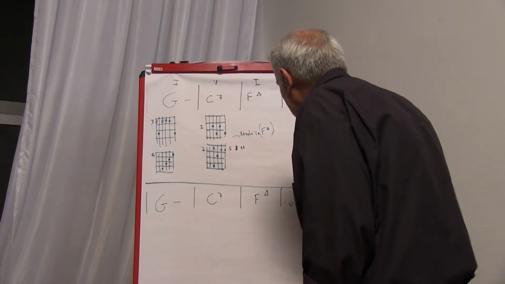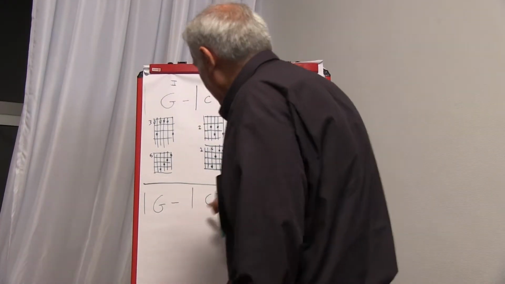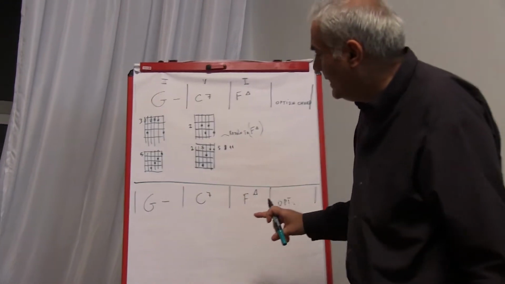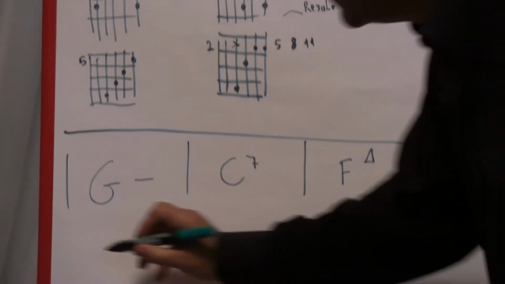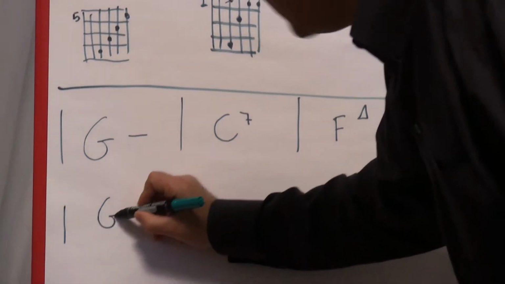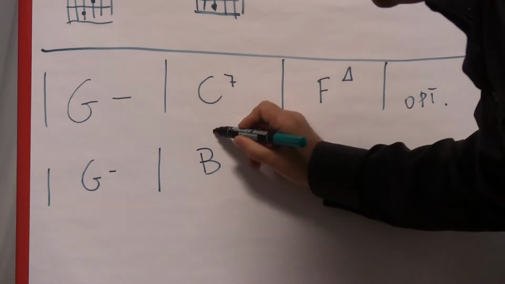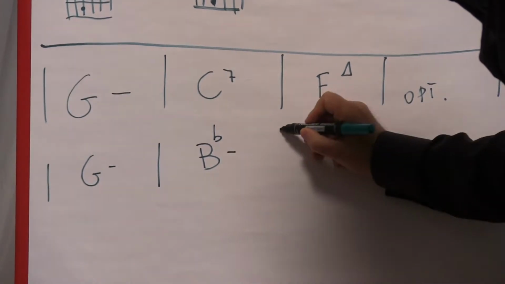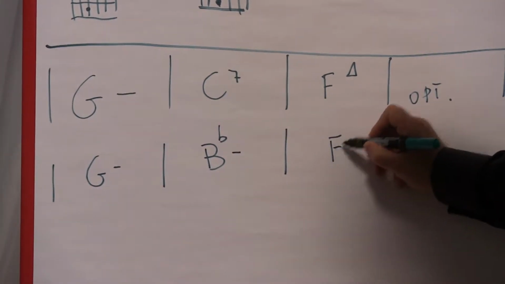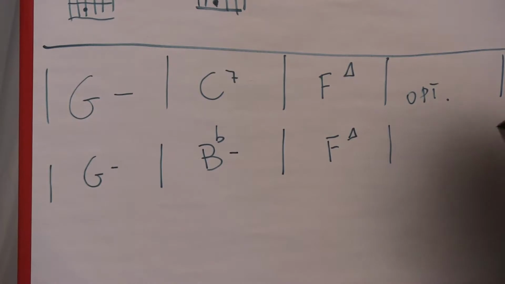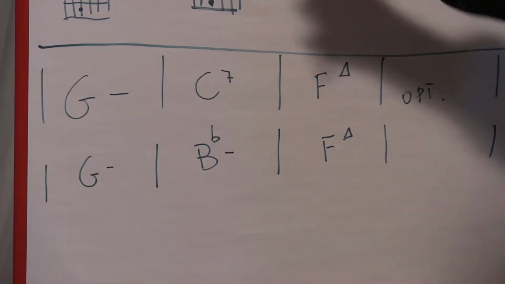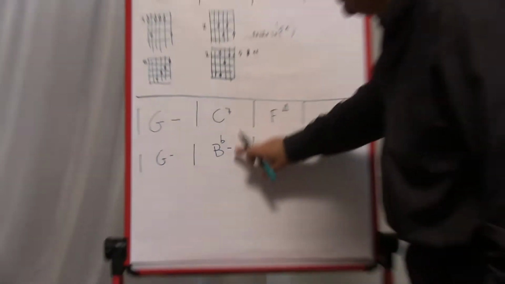Second way, we move this chord, make G minor, and we move this chord to B flat minor, and we go to F. So instead of C7, we have this chord.